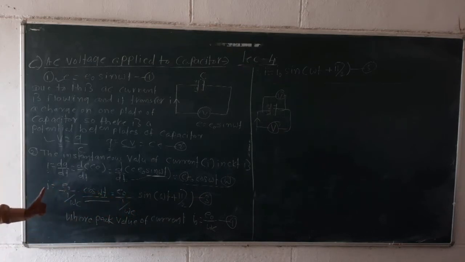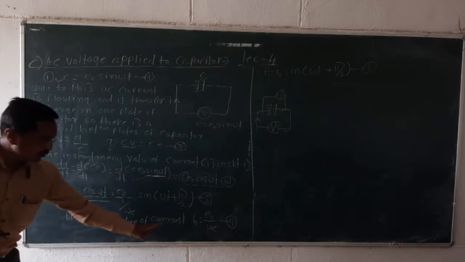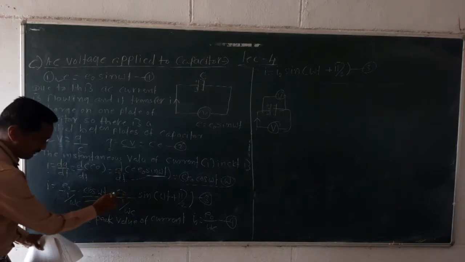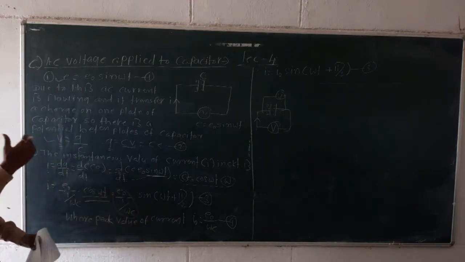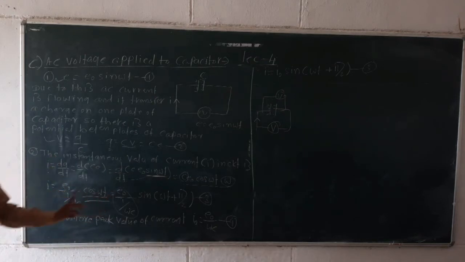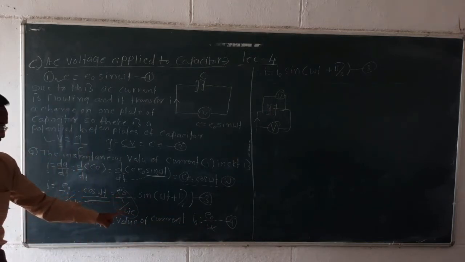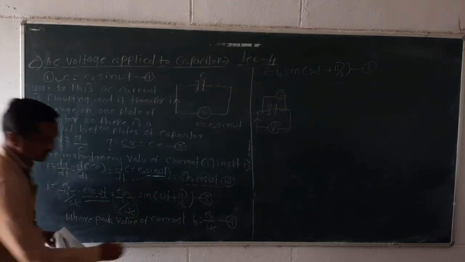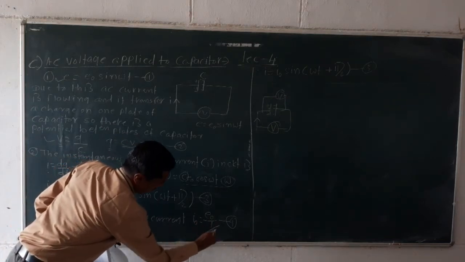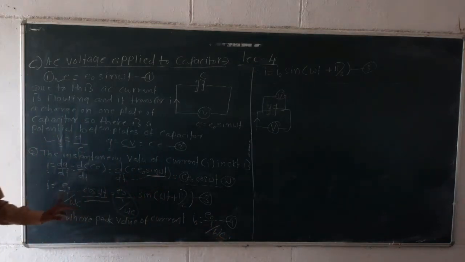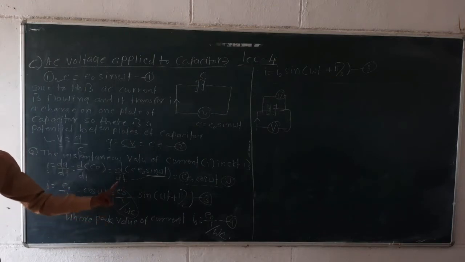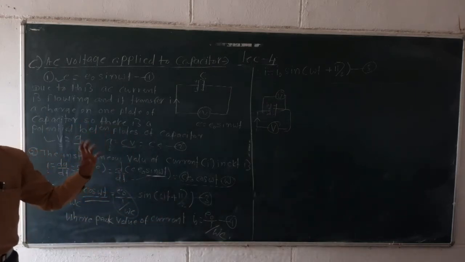Now in equation 3, I is equal to this. In this equation, where the peak value of current, आपण लिहितो ना, I is equal to I naught sin omega t. The peak value of current, that is I naught is equal to काय लिहिता येईल, E0 upon 1 upon omega C. I is equal to I naught sin omega t असं इक्वेशनचं फॉर्म आहे. त्या इक्वेशन नुसार instead of I naught, how to write, E0 upon 1 upon omega C, that is the equation number 4.